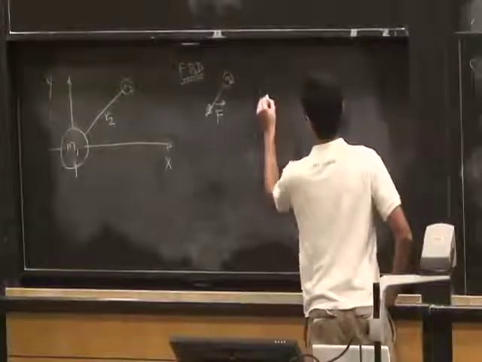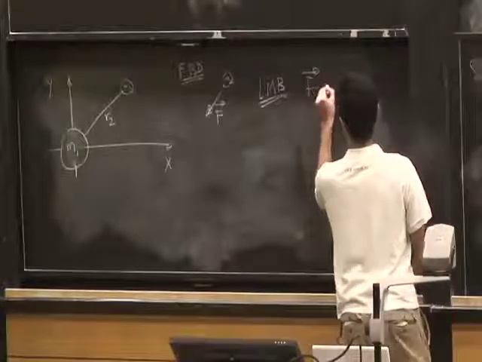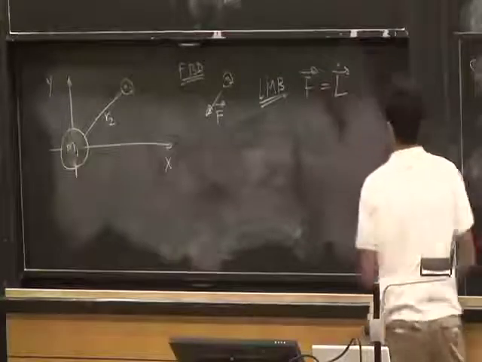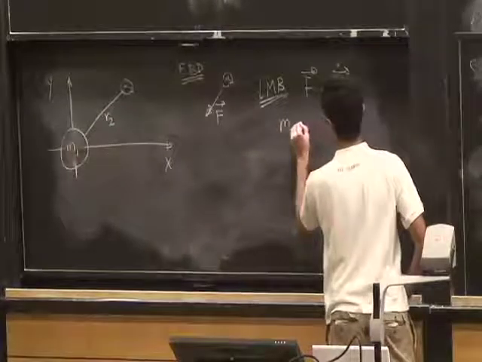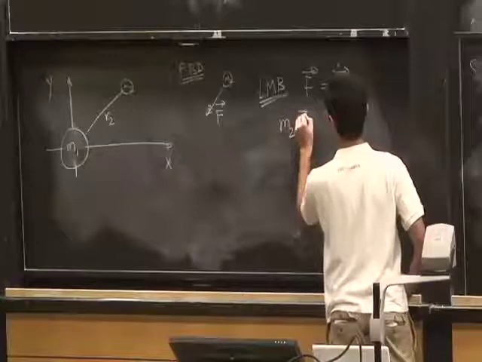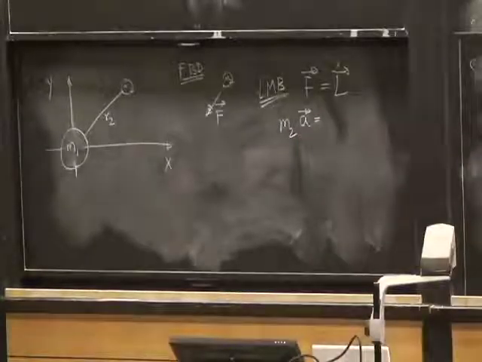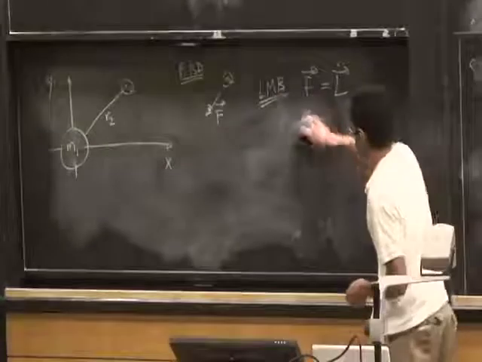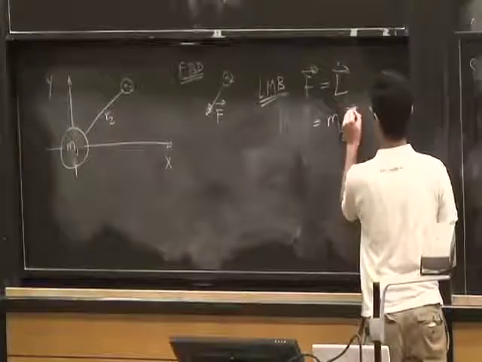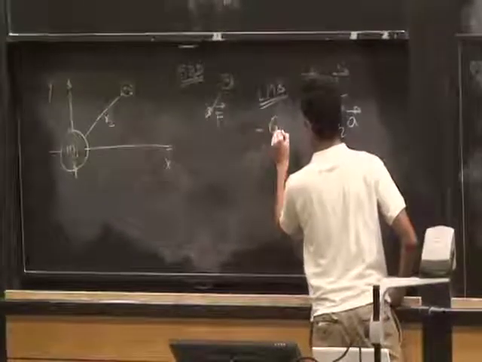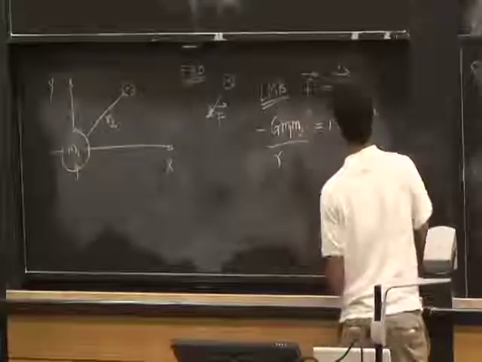Let's say the linear momentum balance is F equals L dot, and F is the external force. L dot is M2 A, and the external force here is minus G M1 M2 divided by R squared.